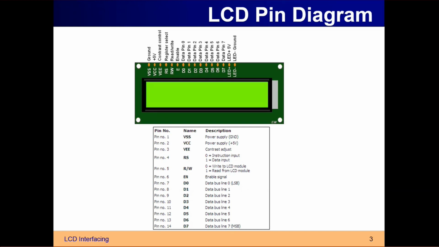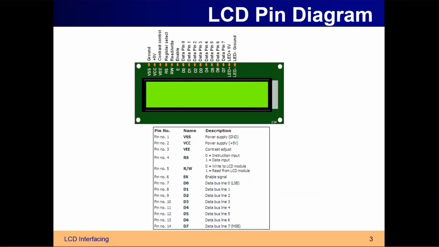That is given through this enable pin. How will you generate a falling edge there? First you will make the enable pin high for some time, then you will make it low for some time. That means you are giving a falling edge signal in the enable pin, so that whatever data or command you have given in these 8 data lines will be latched on to the corresponding RAMs.